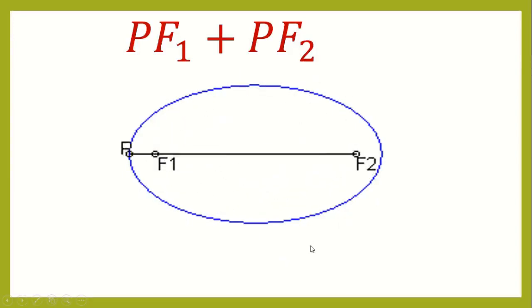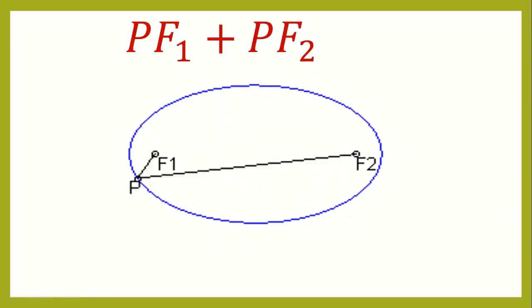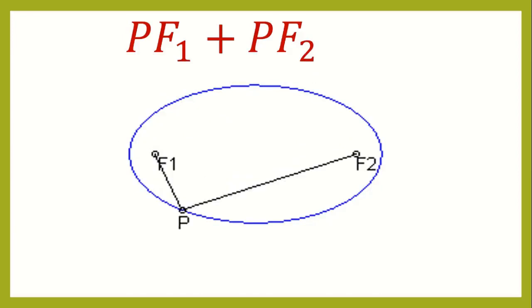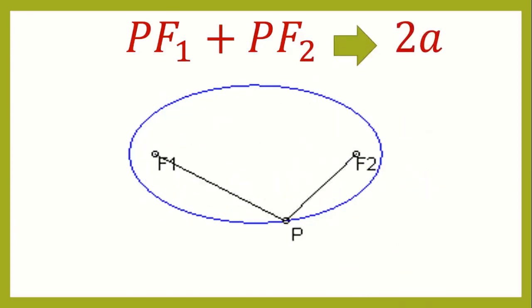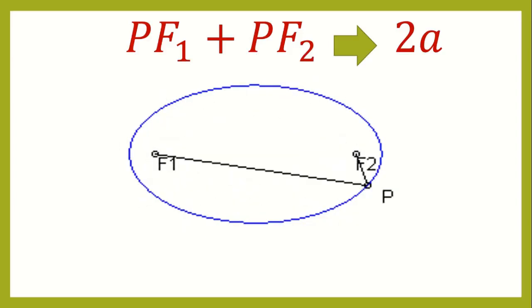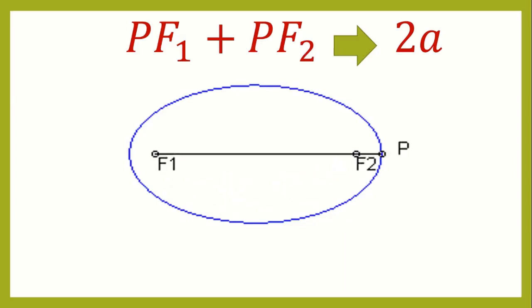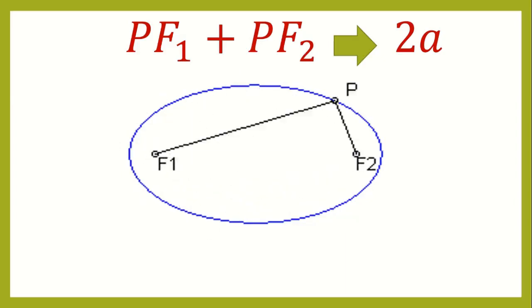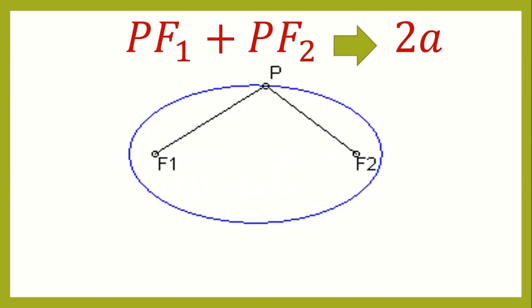If we're going to add the distances of this point from the foci, it is always constant. And that constant value is 2a. So any point on the curve, starting from the foci, from the focus to that point, if we're going to get the distances and we're going to add these two distances, it is always equal to 2a.